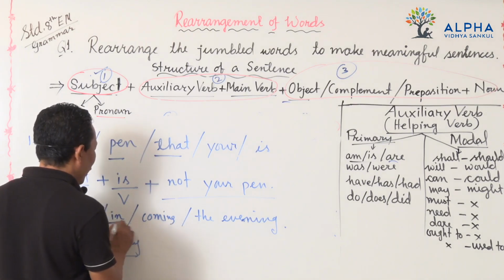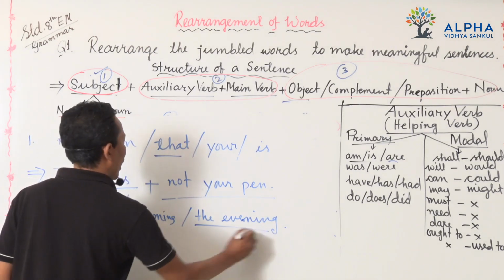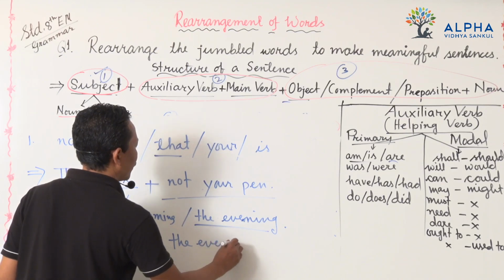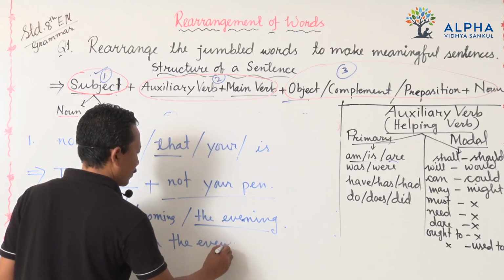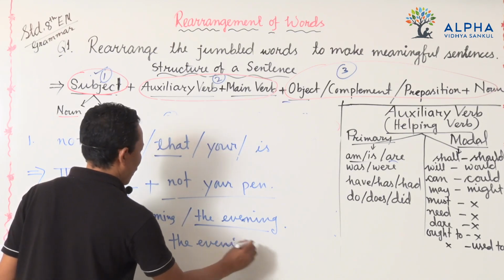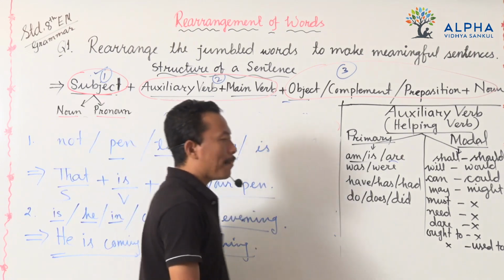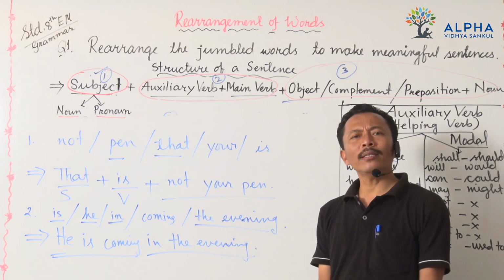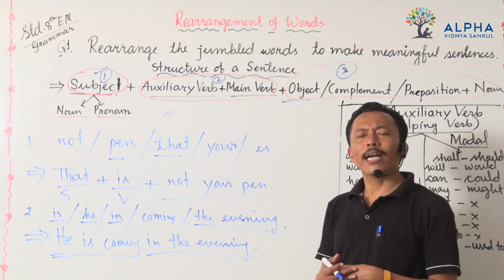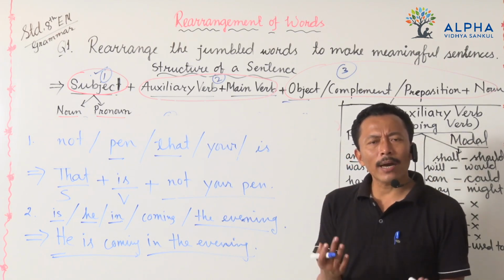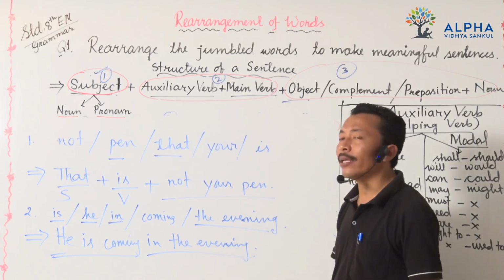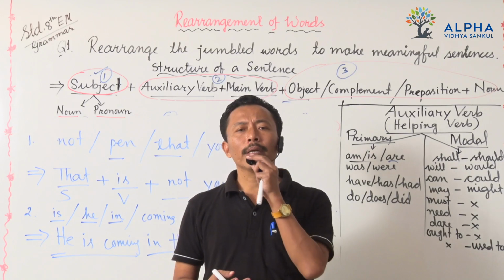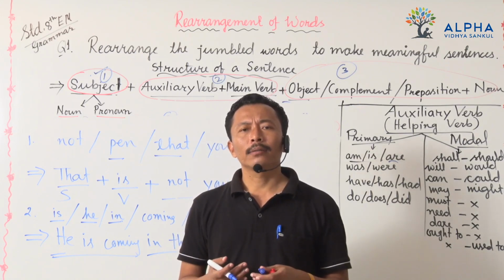He is coming in the evening. In the evening is an adverb of time. When is he coming? The answer comes: in the evening, at night, at noon, in the morning, at midnight.